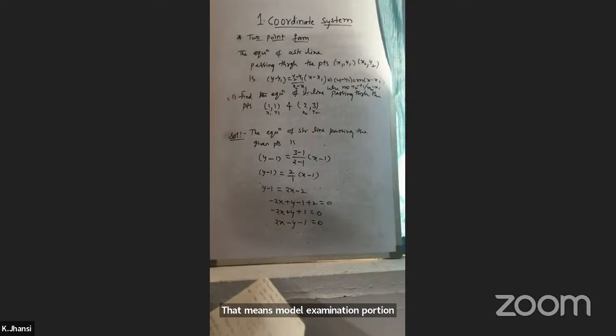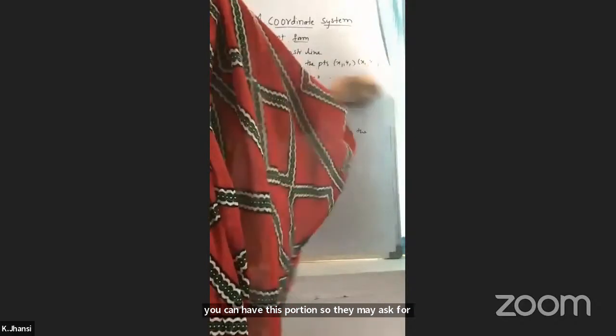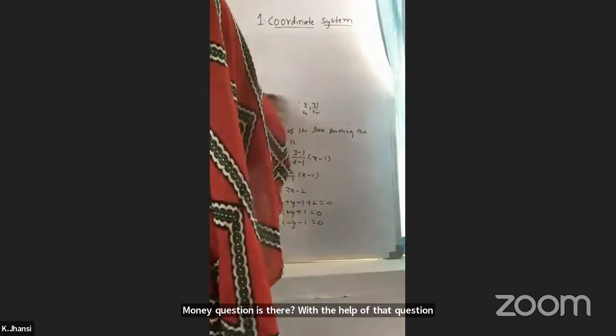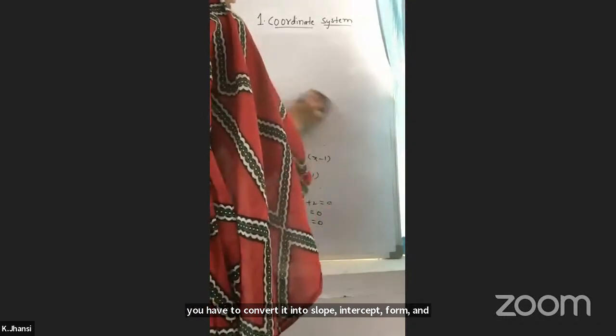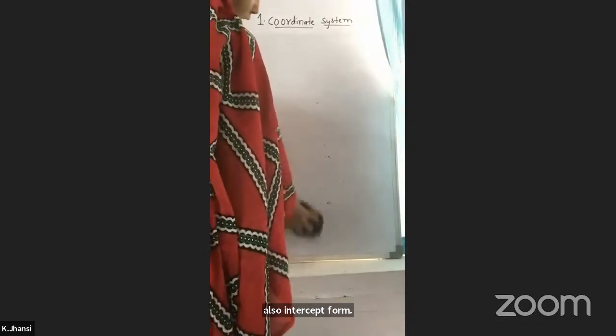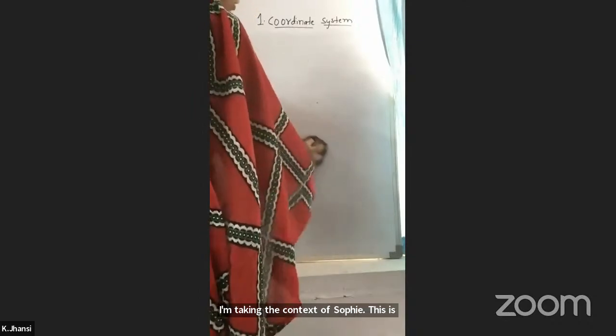So you can have this question. They may ask even for 10 marks. Why? Because 2 parts are there, no? One equation is there, and with the help of that equation you have to convert it into slope-intercept form and also intercept form. This problem we have already seen, while telling the concept of slope-intercept form and intercept form.